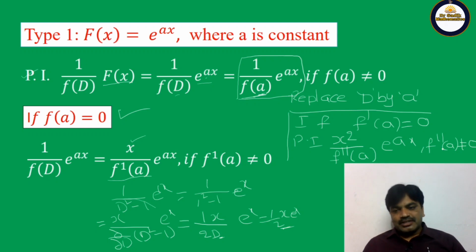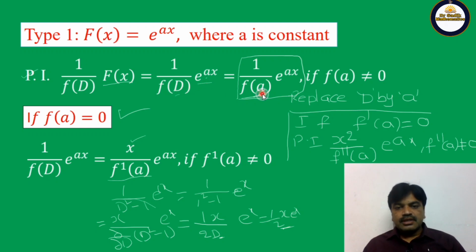Now you can understand, friends. Once again, here our function is e^(ax). For 1 by f(D) into e^(ax), simply replace D by a.